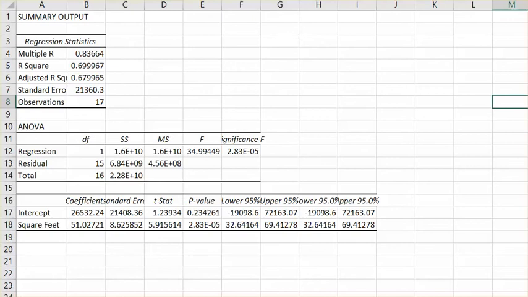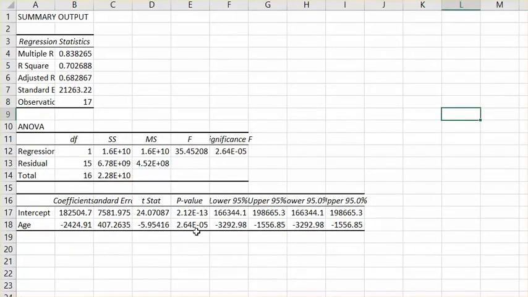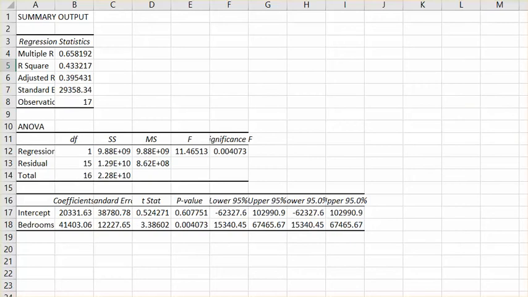Likewise, age by itself was also significant. And bedrooms by itself was also significant at the 0.05 level of significance. So yes, each independent variable by itself would be significant in forecasting selling price.